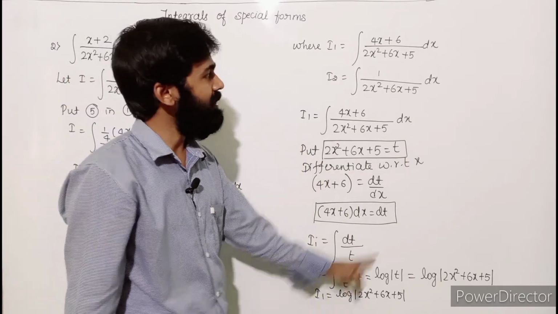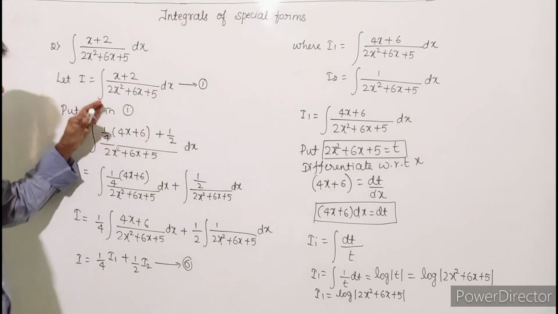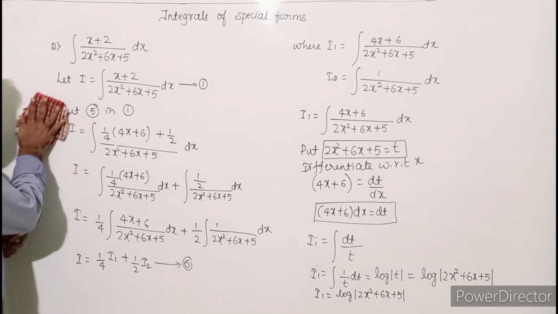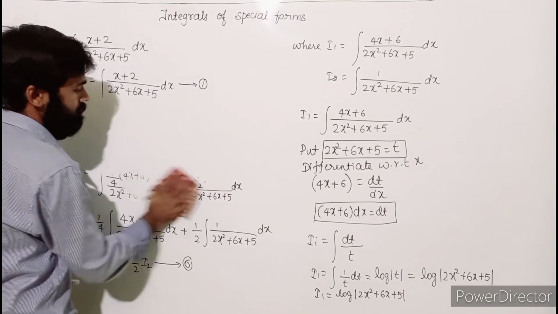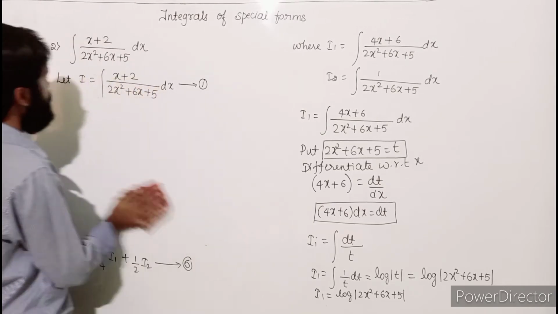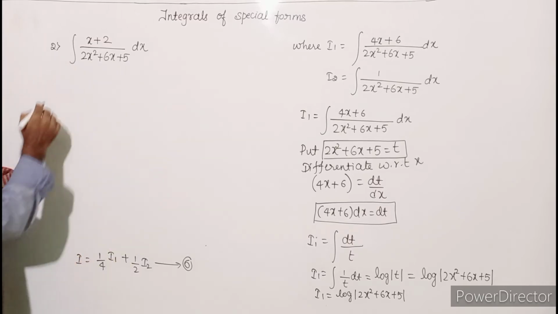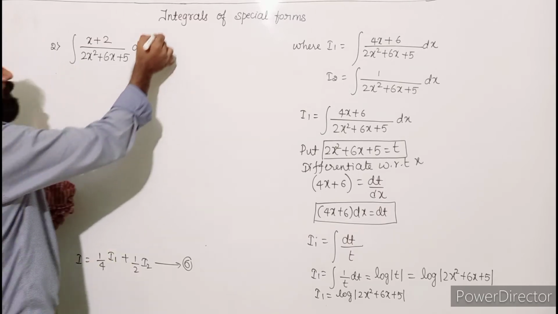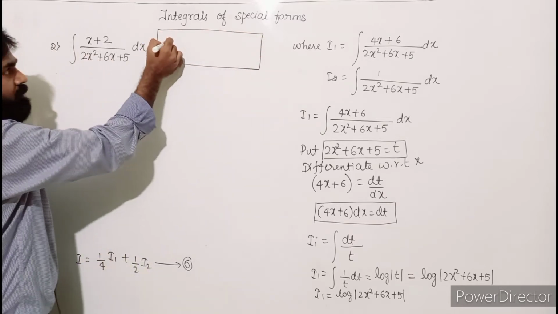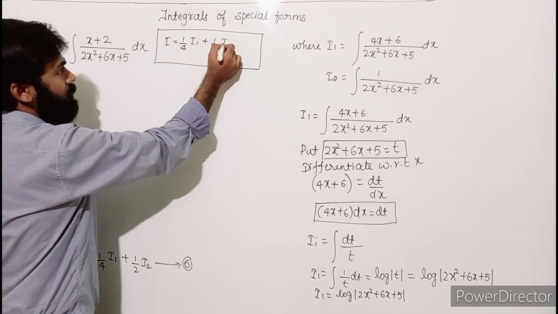So let us solve it for I2. I'll just erase this part. I'll write this equation here because I need it later. I equals 1 by 4 I1 plus 1 by 2 I2.